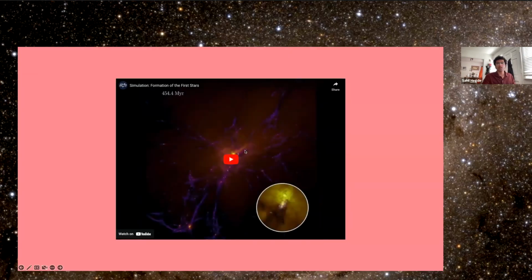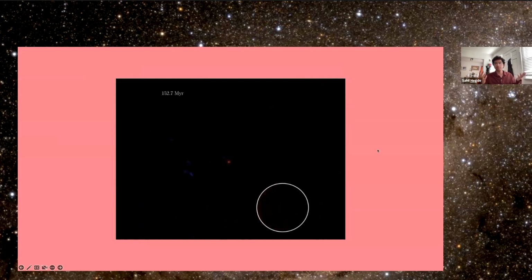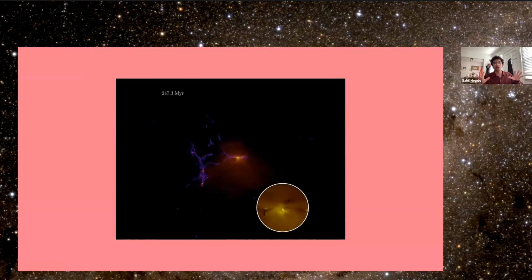So it's always nice to look at a pretty simulation. We can look at what's called this period of cosmic dawn, which is like the dawn of the universe, because these stars are really the first sources of light in the universe. Before that, it was just gas everywhere. There wasn't really any kind of radiation.